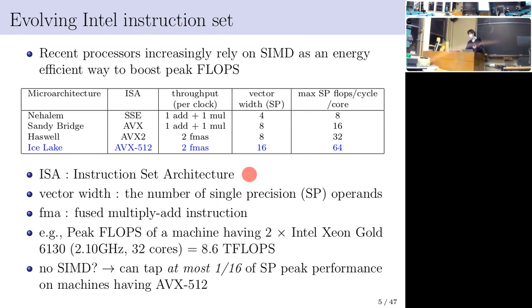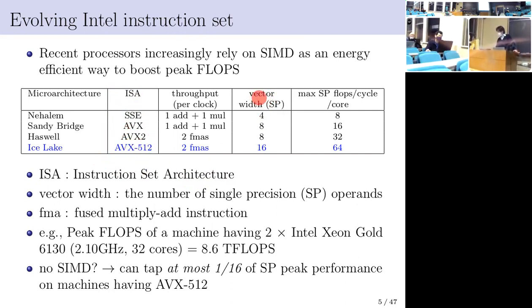Because SIMD is basically about instructions, the processor needs to extend its instruction set when you extend the capability. So this ISA evolves over time from SSE to AVX, AVX2, and most recently AVX-512. By the way, 512 is the number of bits of a single SIMD register.